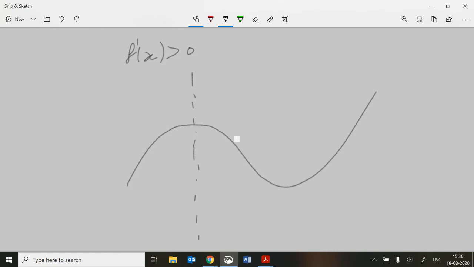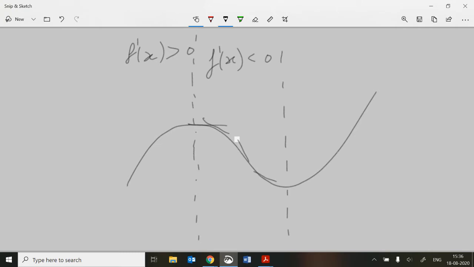Now, you can see that up to the next turning point, or these extreme points here, in this region, f dash of x is now less than 0. We have gradients which are all less than 0.